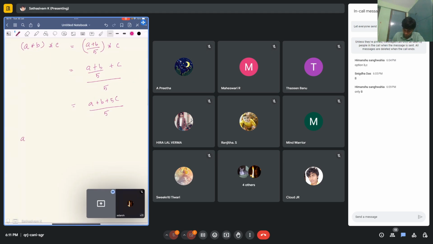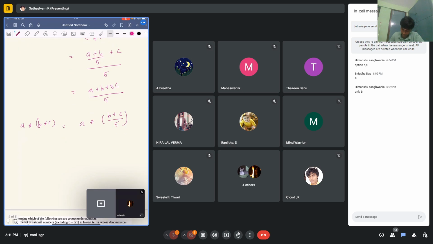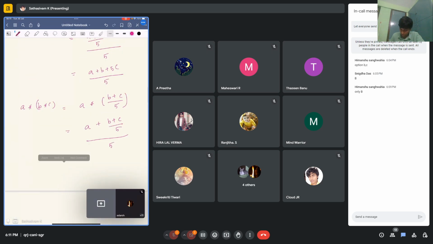Let's compute the other one also. A star (B star C). So this is B plus C by 5. Now when you compute, you will get (A plus (B plus C by 5)) divided by 5. Okay.